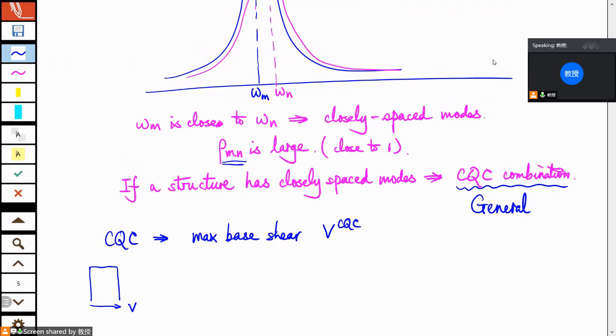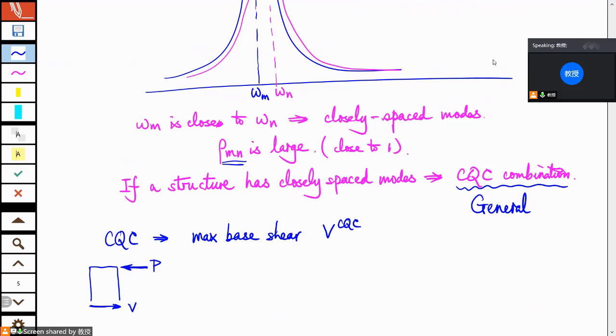Now, you cannot use this. This is the base shear of a building. I don't have a simple expression.